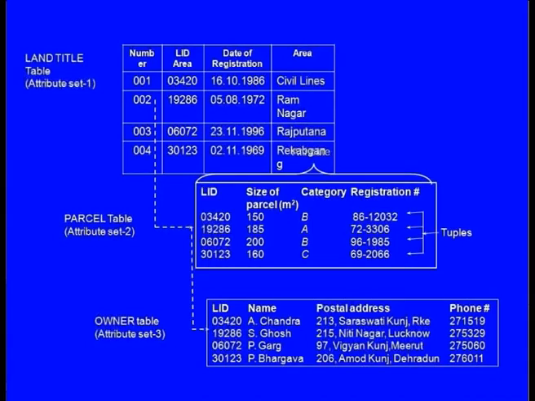This would again be linked by the land ID, and thus for each land ID there would be the name of the owner, his postal address, and other information like telephone number, etc. Here we find that the information has been created in separate files, and certain relationships between the files have been generated through a key, and that particular key is the land ID. Based on that, the subsequent process of acquiring the information has been made.